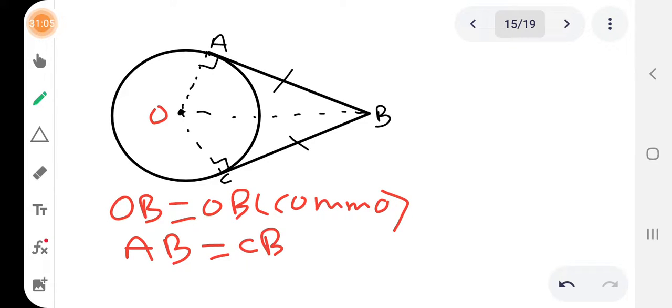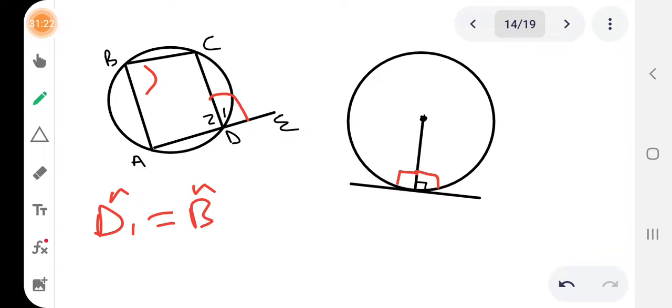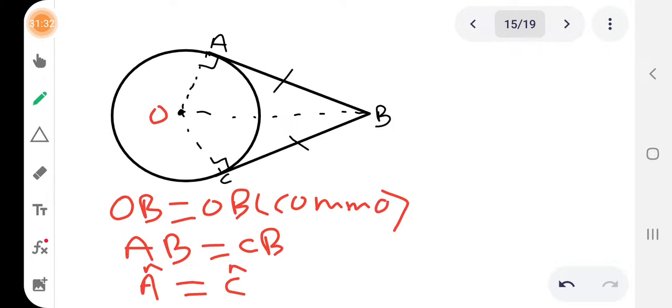Okay, so we also know that angle A is equal to angle C, because the radius line from the center is perpendicular to the tangent. Okay, I forgot something. This is the tan radius theorem. This one is tan radius.